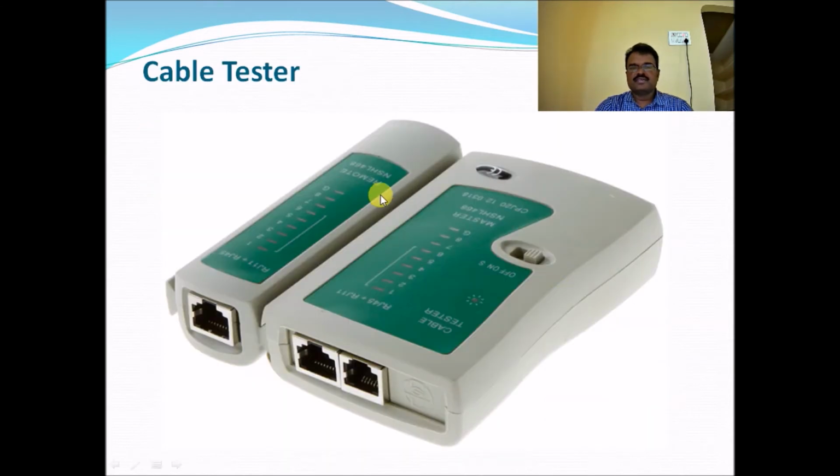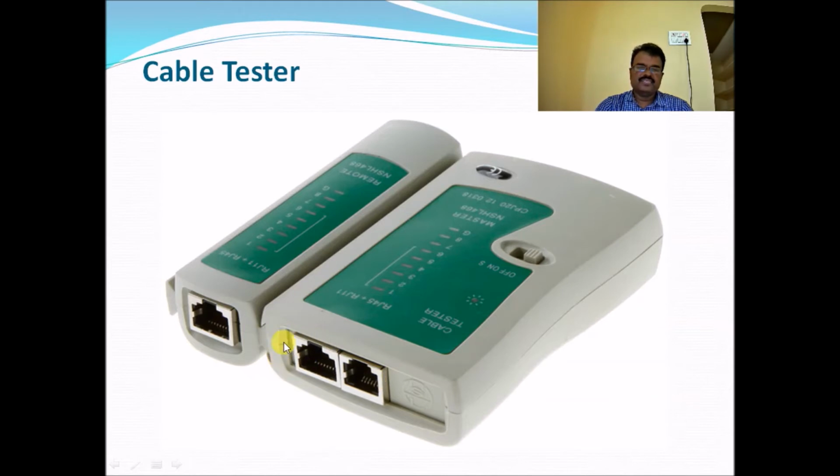Here is another tool, the cable tester. After preparing straight through cabling and crossover cabling, we can check the continuity with this LAN cable tester. One end we put here, and the other end we put here. This is the RJ45 connectivity. This is the RJ11 connectivity, generally used for testing telephone wire cable.